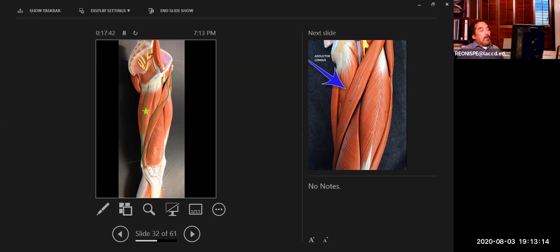Okay, we look at the medial side. So this is going to be the vastus medialis. Okay, and this is going to be the rectus femoris. Okay, and then you have the adductor longus.